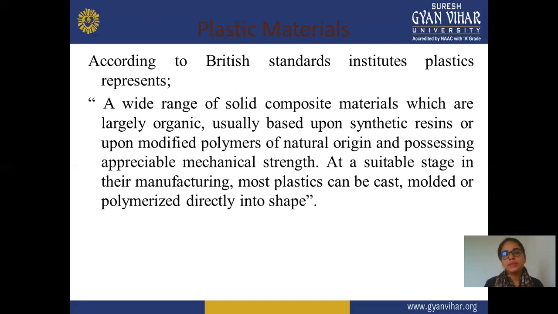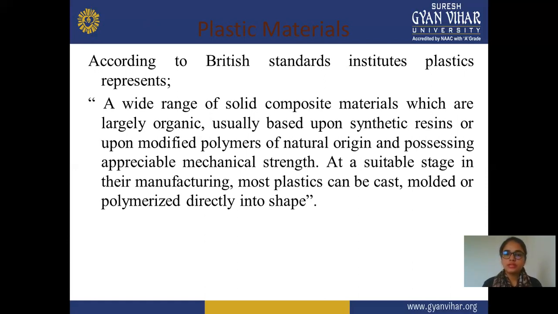Plastics are solid composite materials, largely organic in nature, usually based on synthetic resin or modified polymer of natural origin, and possessing appreciable mechanical strength. This means plastic is made with the help of natural polymers or synthetic resins, and by certain modification you can form plastic material with appropriate mechanical strength.